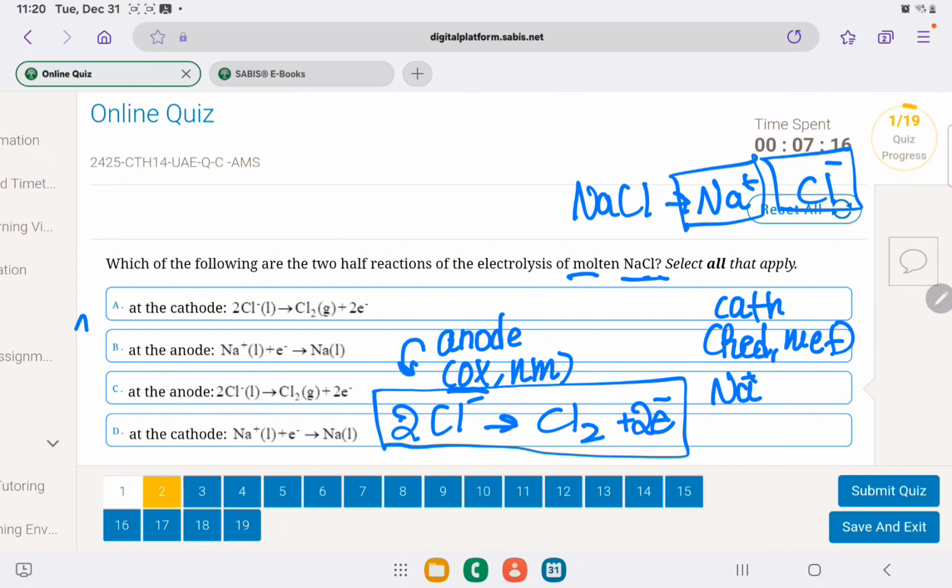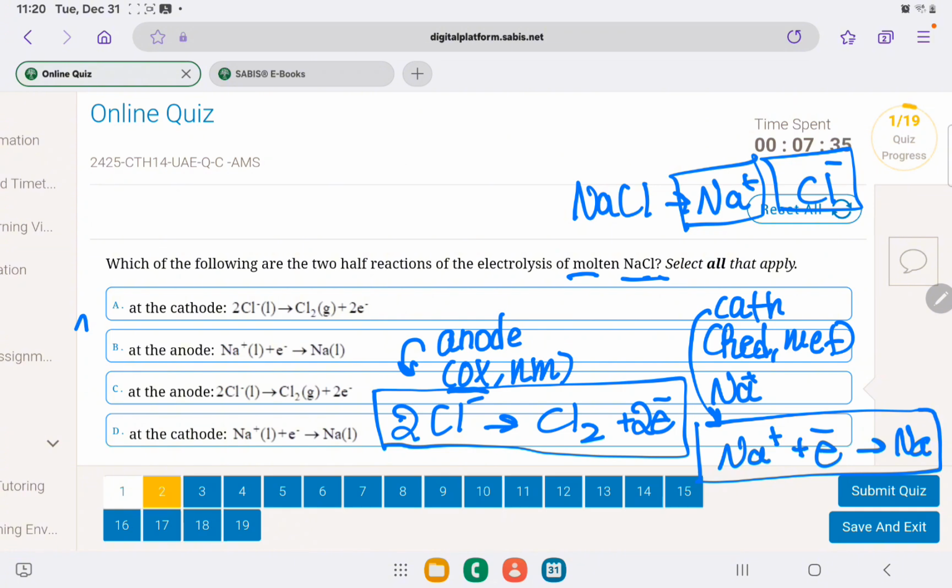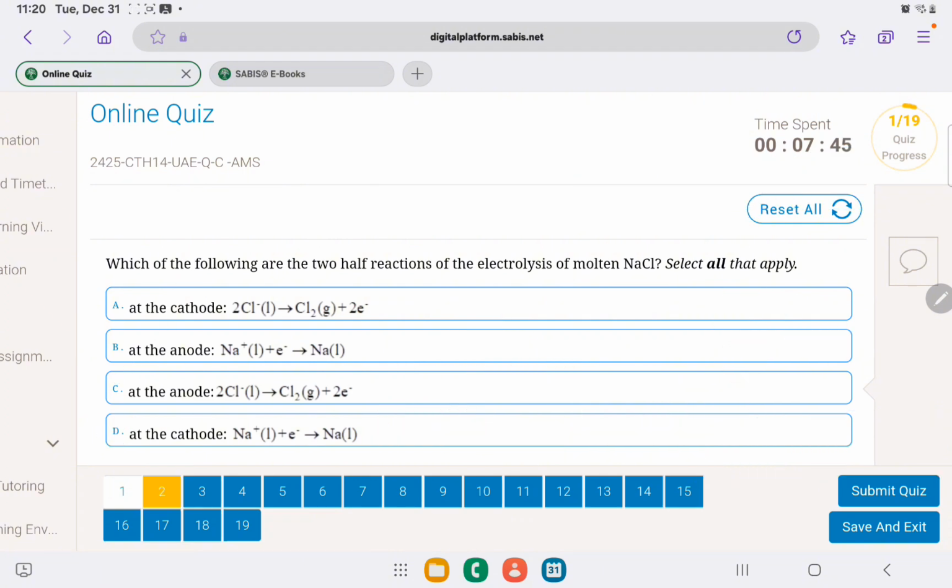At the cathode we have reduction, so the electrons are in the reactants, so Na plus plus 1 electron, e minus, to give Na. That's the half reaction at the cathode. Let's check the options. Anode Cl, so this one, and cathode Na, this one. So the last two options.